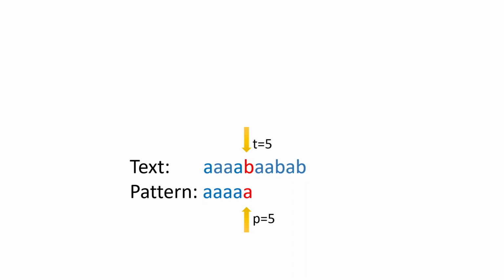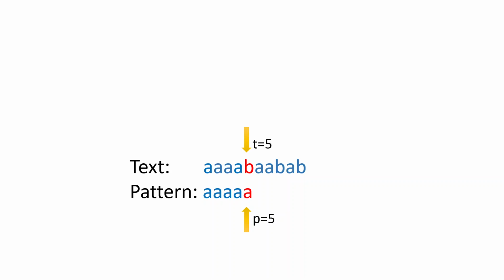From there we see whether we can get a match for all the consecutive characters. If you think code-wise, you can think of this pattern matching running within an inner loop, which runs for the length of the pattern, and this inner loop gets executed for each position of the text.